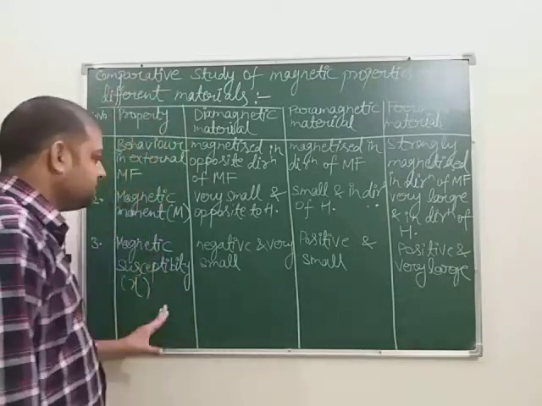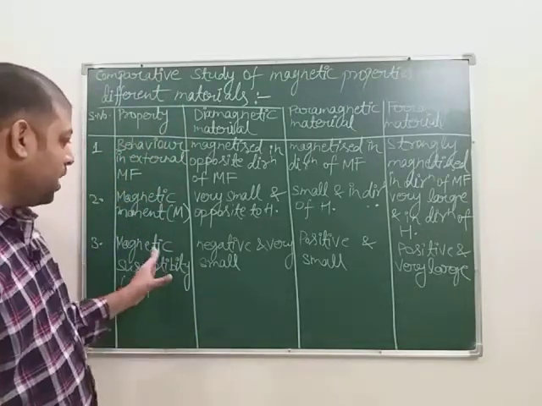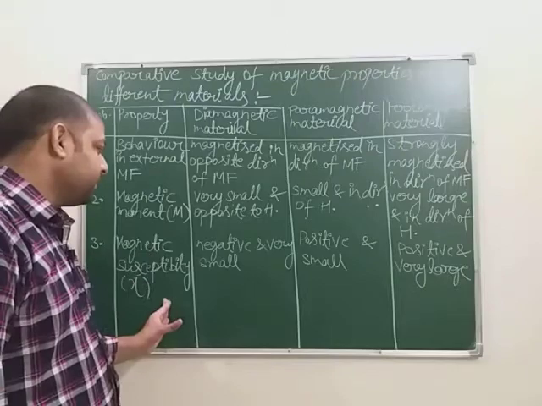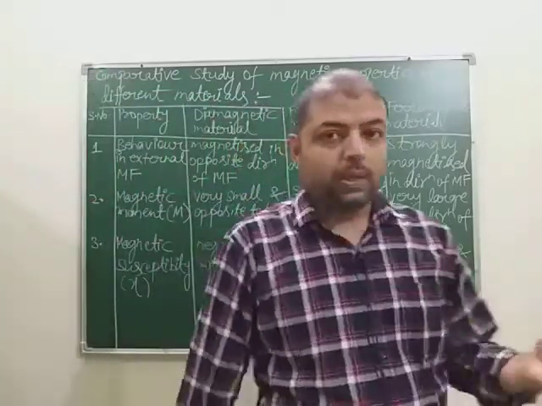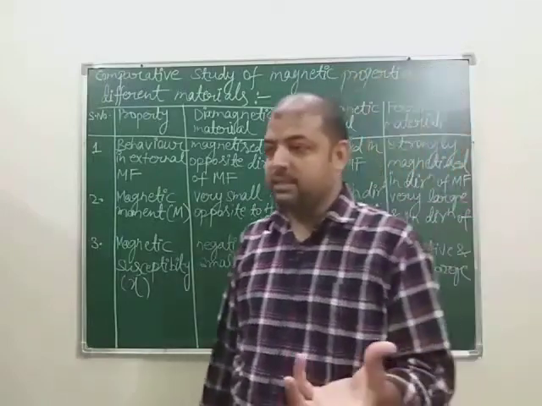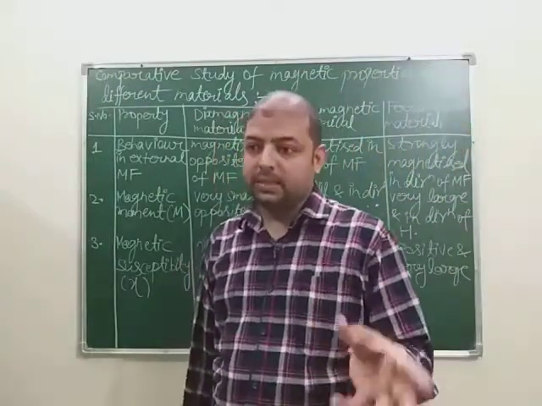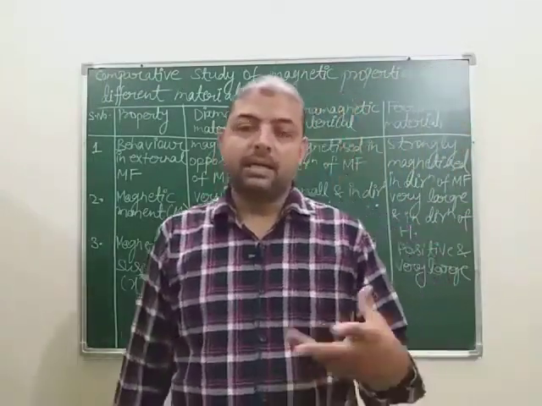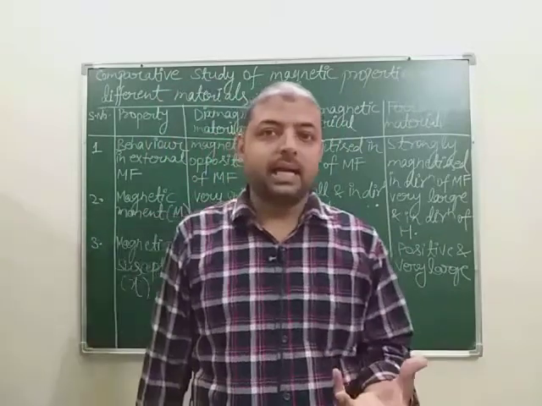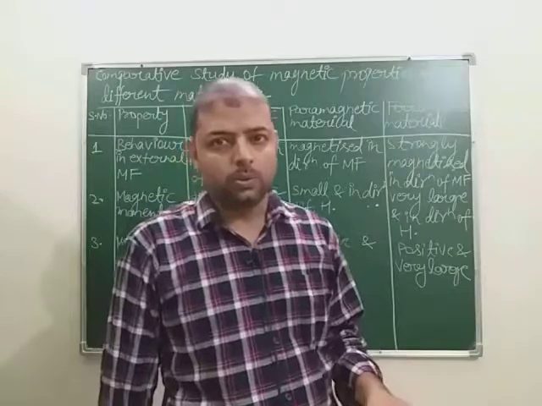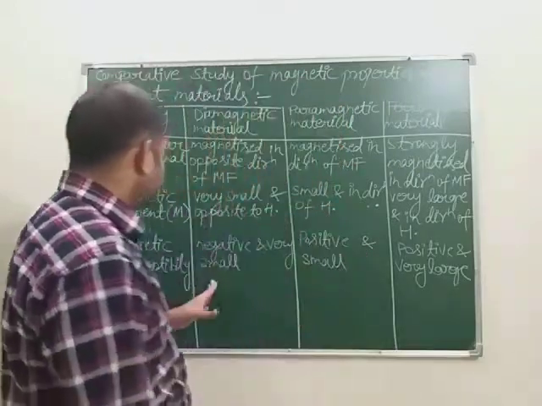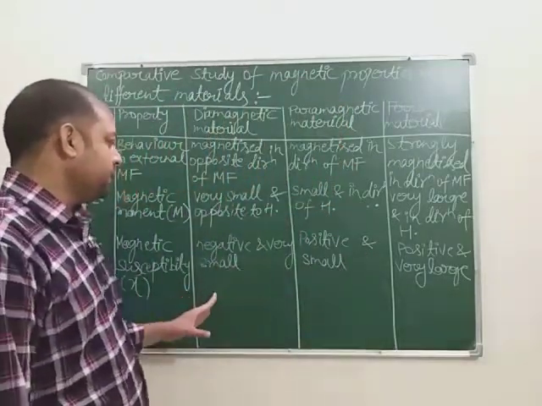If it reacts to a small magnetic field, then we can say that it is more susceptible. If a magnetic field is applied and it does not show any reaction, then we can say that its susceptibility is quite low.